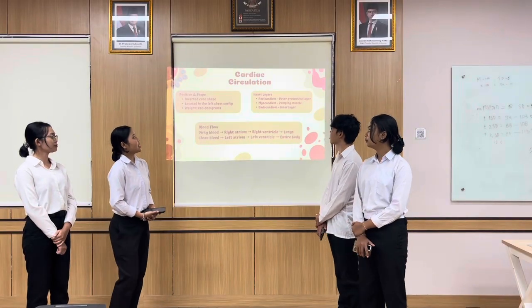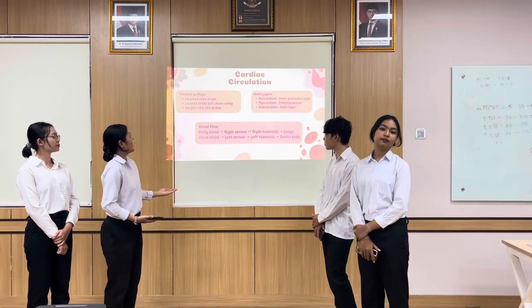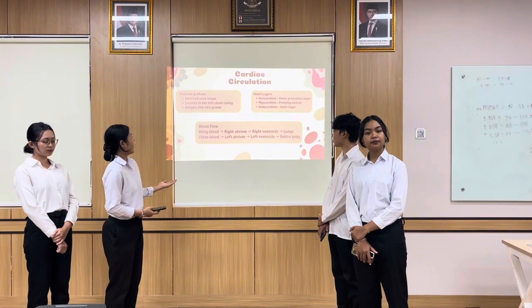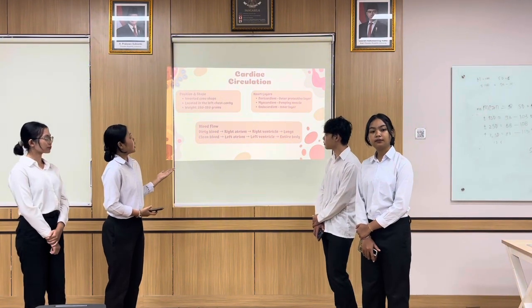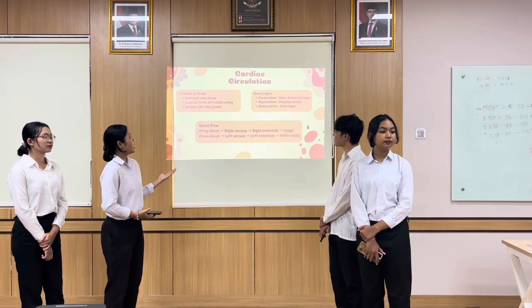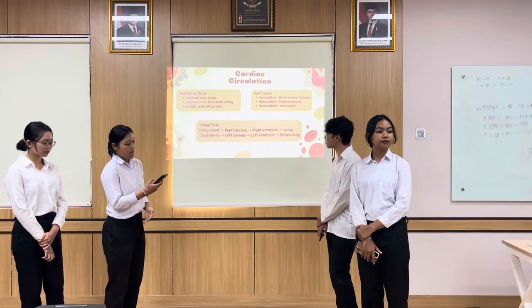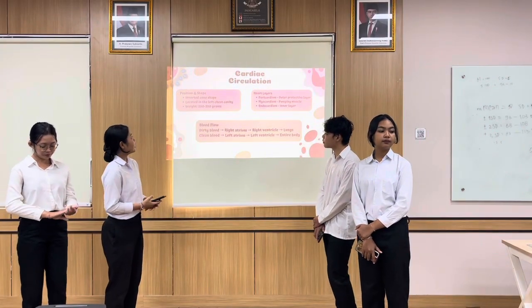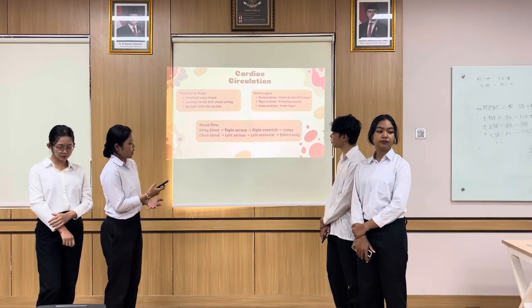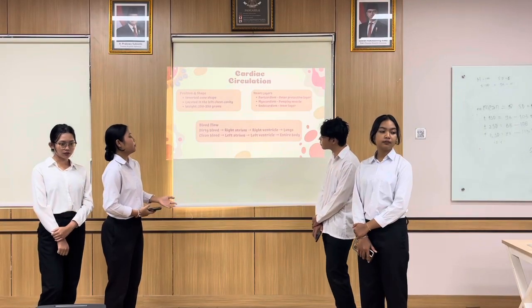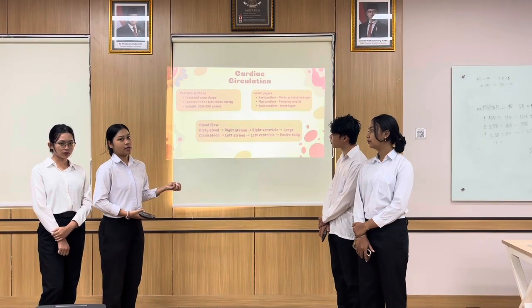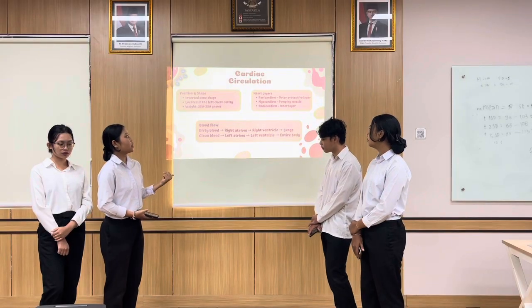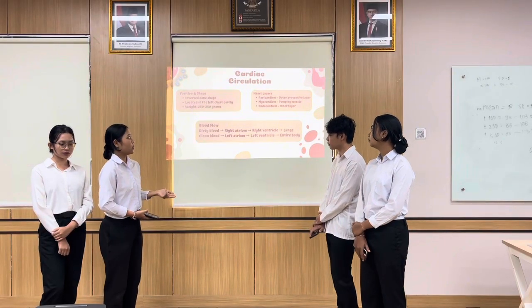Okay, next is cardiac circulation. First is position and shape. Inverted cone shape located in the left chest cavity, and the weight is 250 to 350 grams. Heart layers, there are three: pericardium, myocardium, and endocardium.